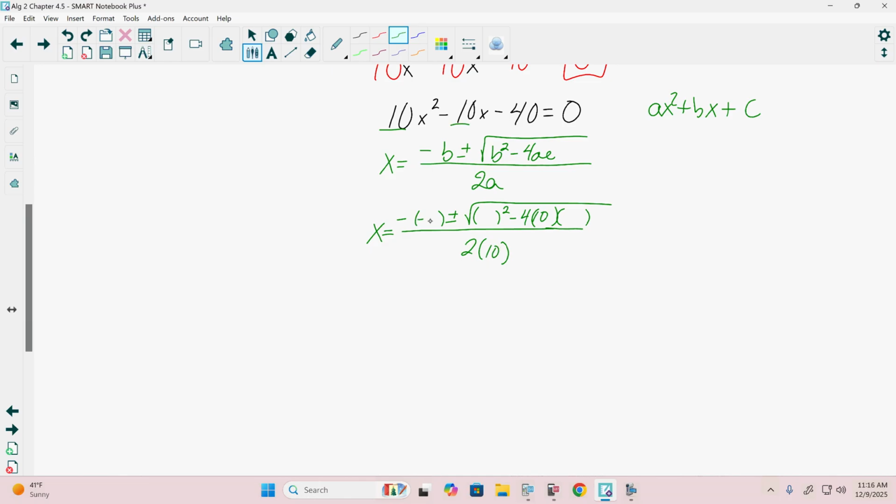B is negative 10. And C is going to be negative 40. Now our negative 10 out front, the negative and negative would make a positive. At the bottom of the fraction, we have 2 times 10, and 2 times 10 is 20.